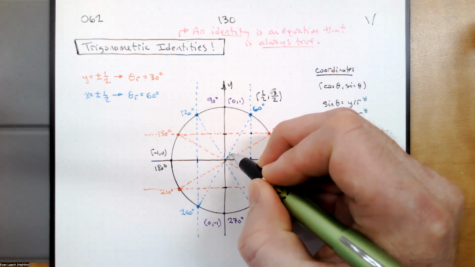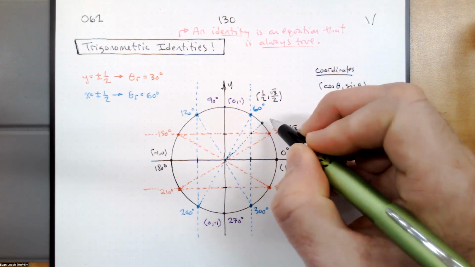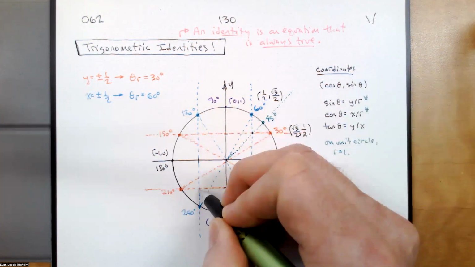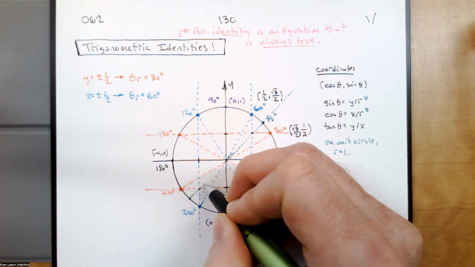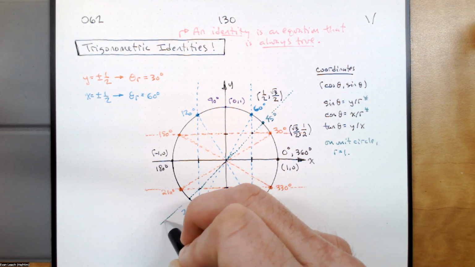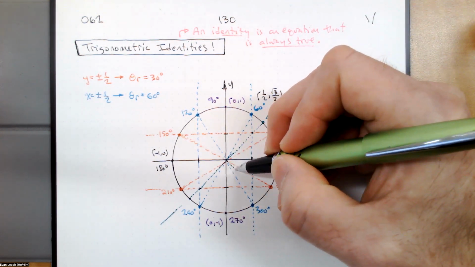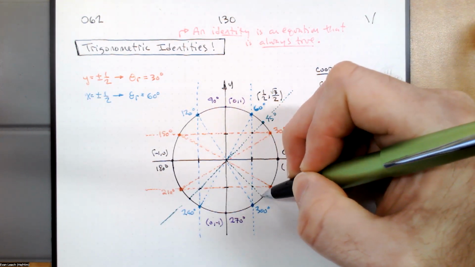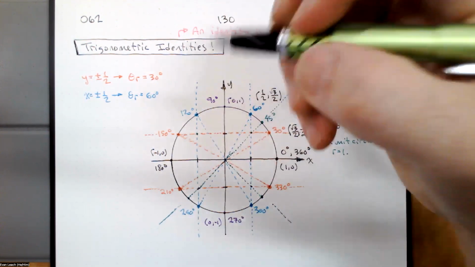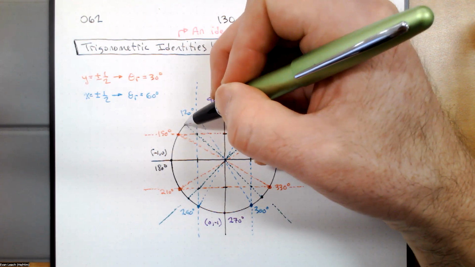Just kind of aim through that point. Just aim through the point where x and y are equal or x and y are opposites.